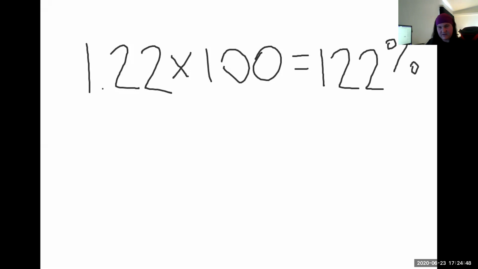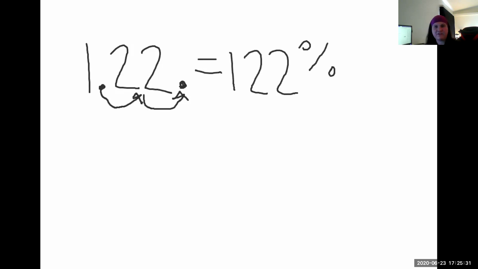Now, that's great and wonderful to do the math, but for me, I like to cut math out as much as possible and rely on some things of repetition. So if you're converting a decimal to a percent, always know that you can just move the decimal point to the right twice.